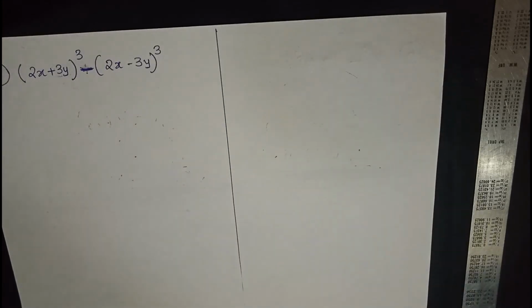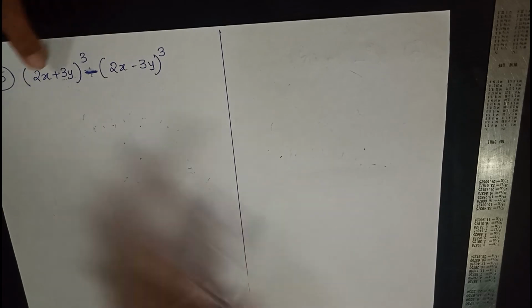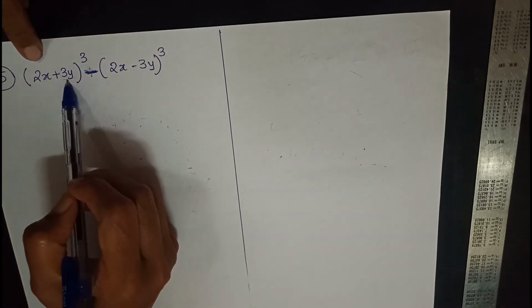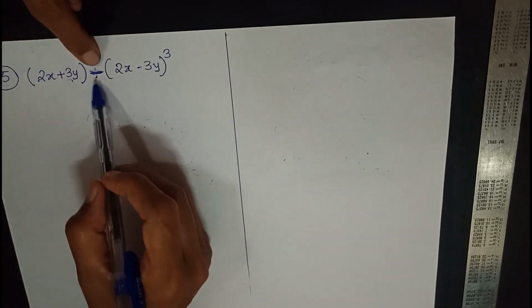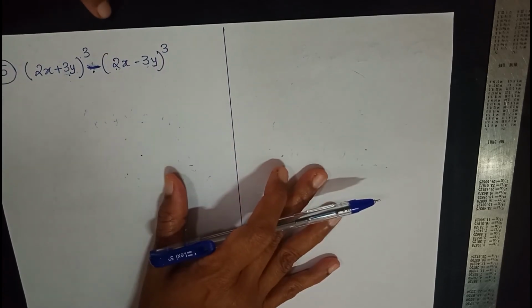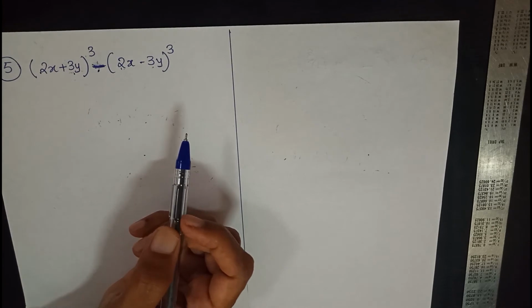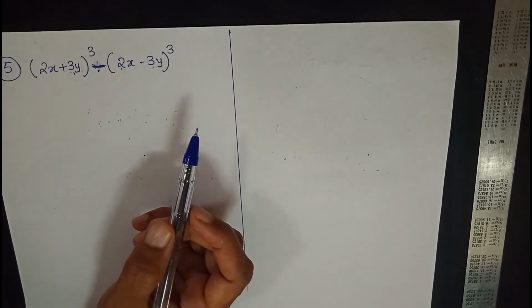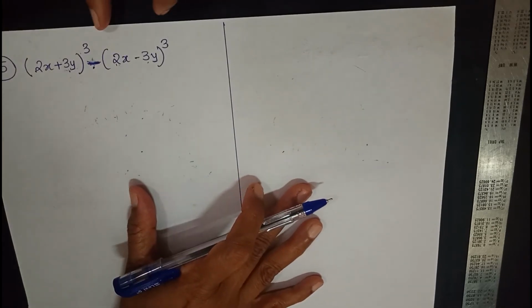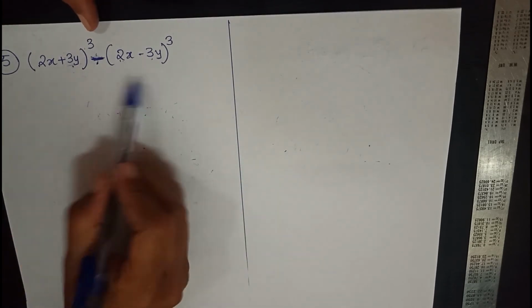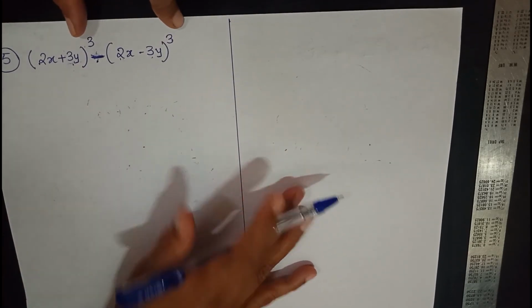Now let us have a combination of both. You can see here we have a plus b the whole cube and minus a minus b the whole cube. In an earlier lesson also we had done this type of question when we were expanding the a plus b the whole cube formula. But today we will be doing the same sum using a cube minus b cube.